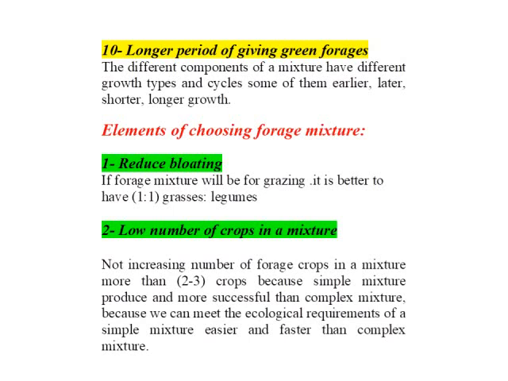Number 2, a low number of crops in a mixture. Simple mixtures of 2 to 3 crops are much better than complex mixtures of 5 or 6 crops. Why? Because providing the needs for two crops is much easier than providing them for 4 or 5 crops.